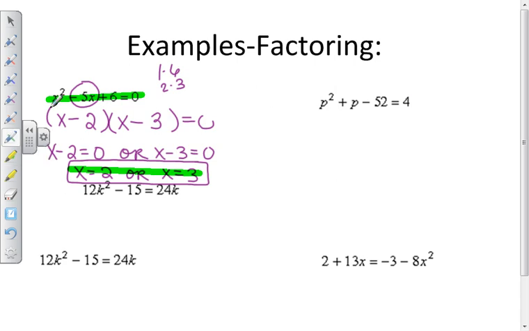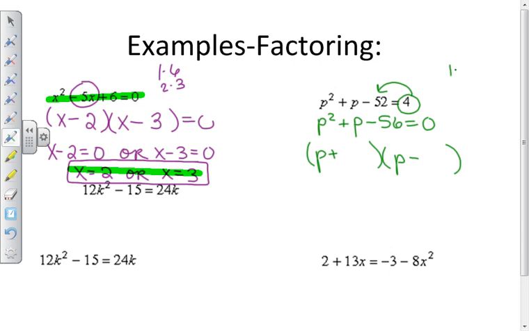Now this problem over here, I need to subtract 4 first. P squared plus P minus 56 equals 0. Here I have a plus minus, so that is one of each. Factors of 56.